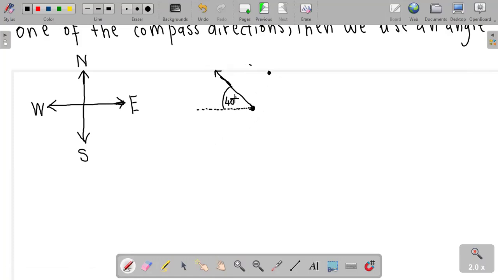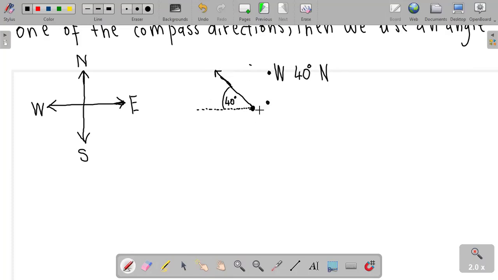So this is an angle of 40 degrees here relative to the west. So the direction here is west, 40 degrees north. What this means is that you go west, and then you go up. You go 40 degrees north from the west.